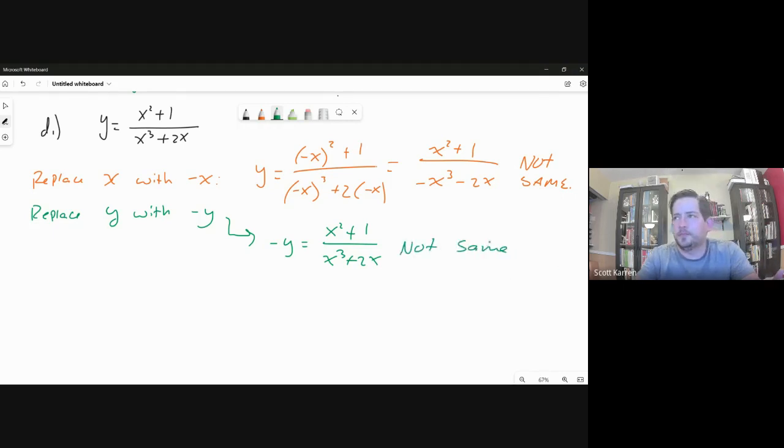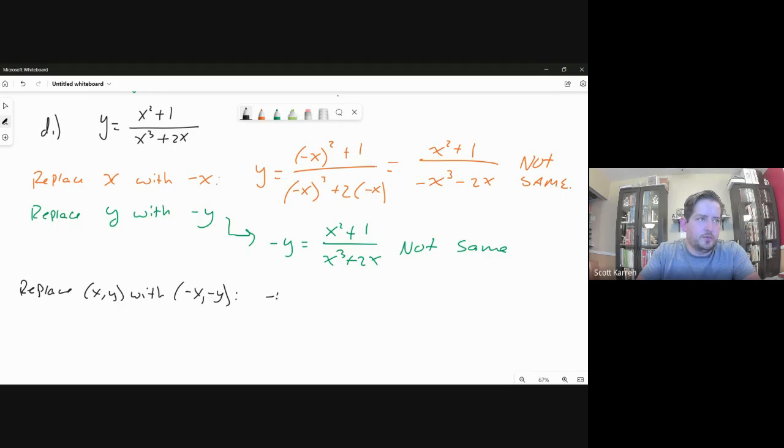So I'm not symmetric about the x, I'm not symmetric about the y, but I might be symmetric about both, so let's try it. I'm going to replace x and y with negative x and negative y.